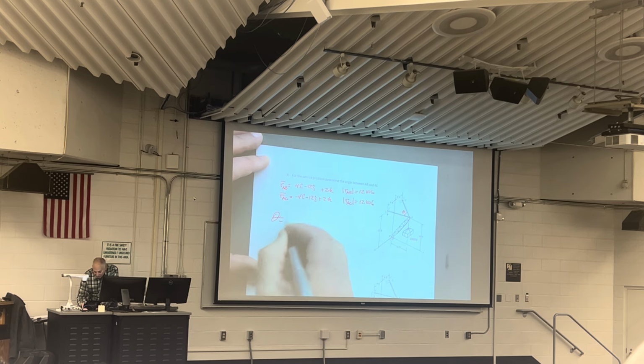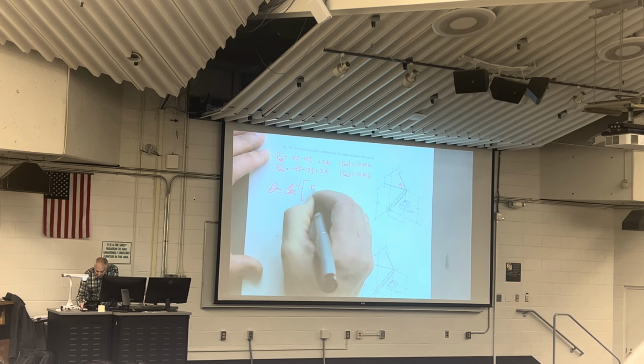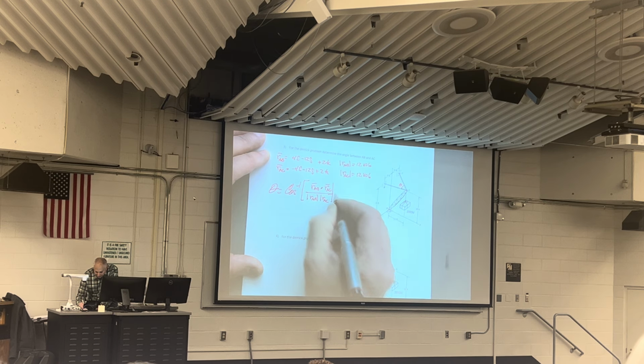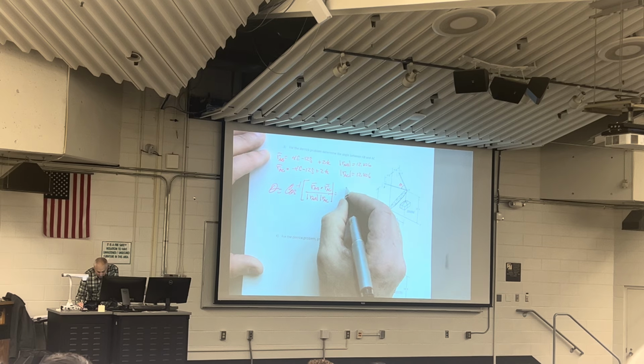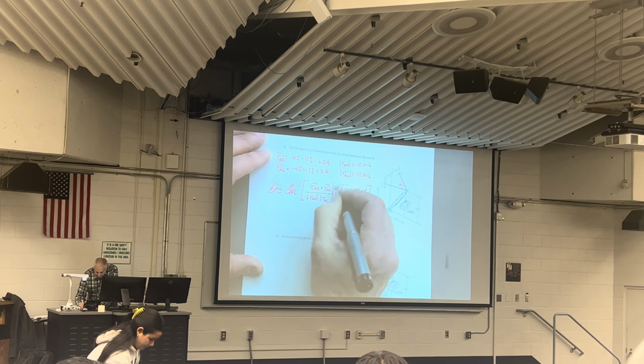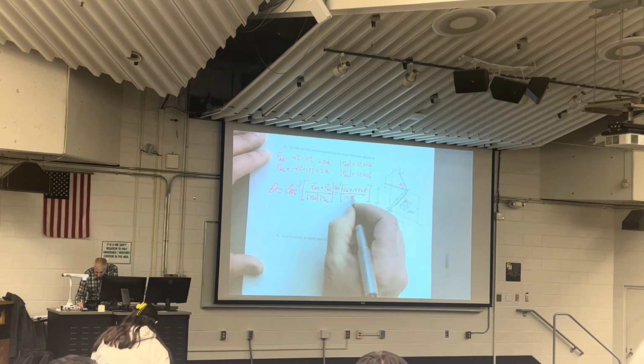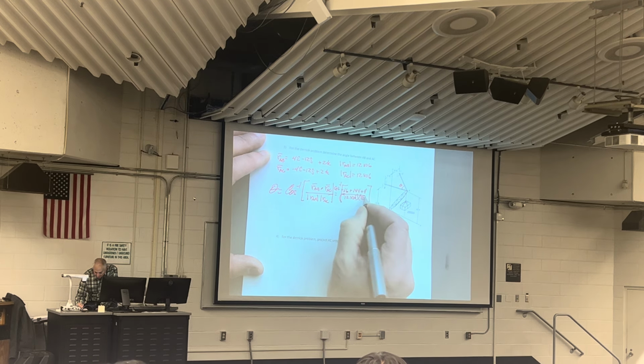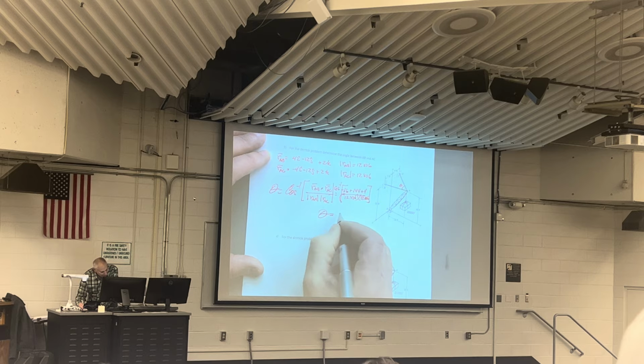So therefore, theta is going to be cosine inverse of RAB dotted with RAC divided by magnitude of RAB, magnitude of RAC. That's going to be minus 16 plus 144 plus 4. Divide this by 12.806 times 12.806. Theta is going to be 36.39 degrees.